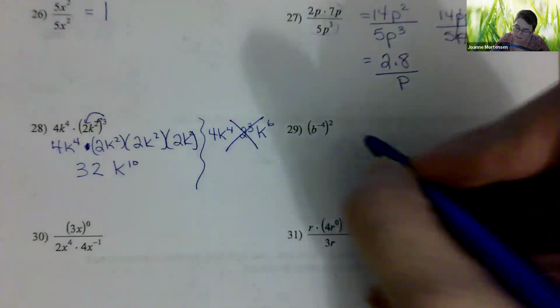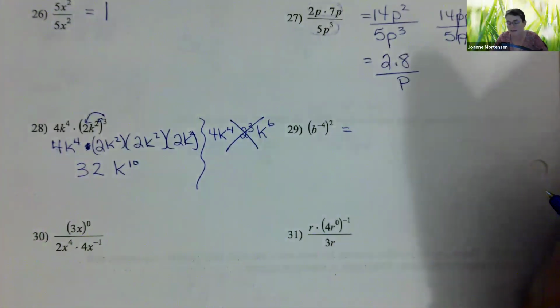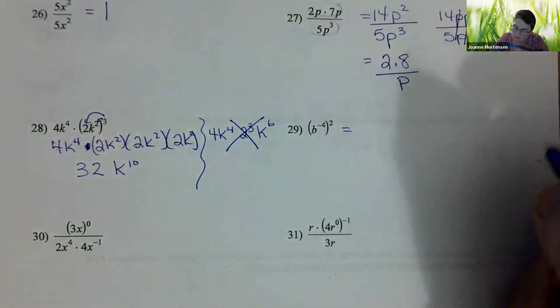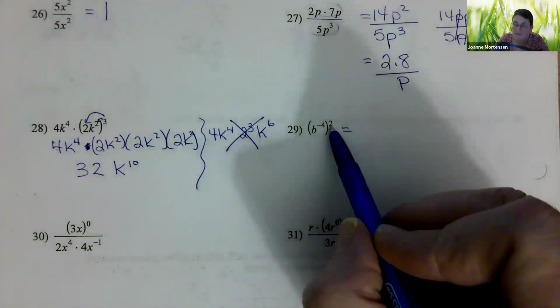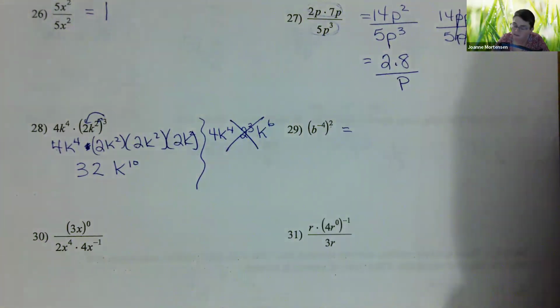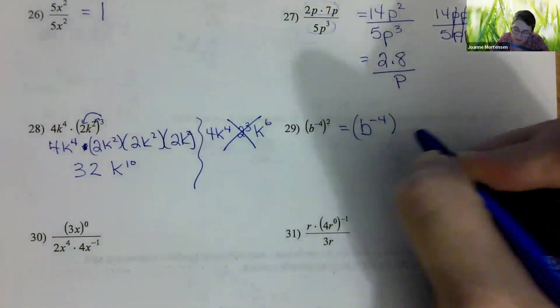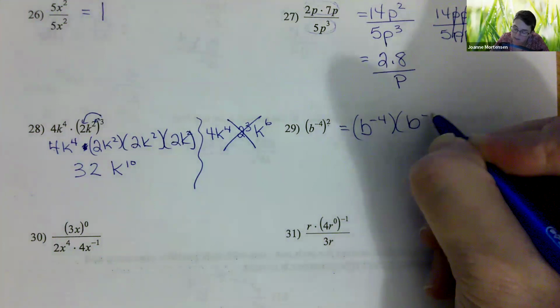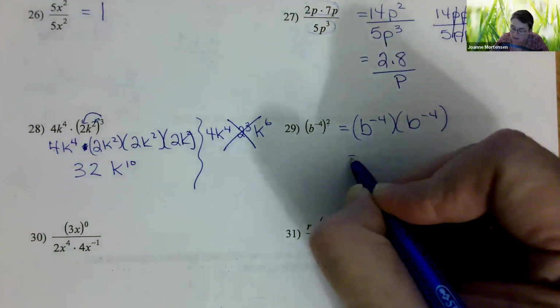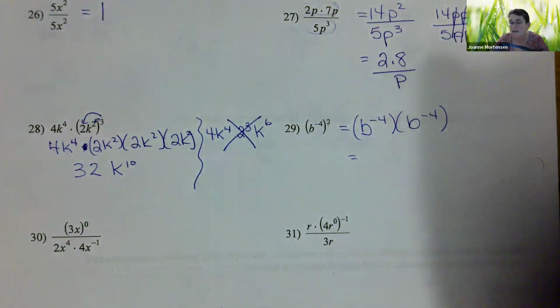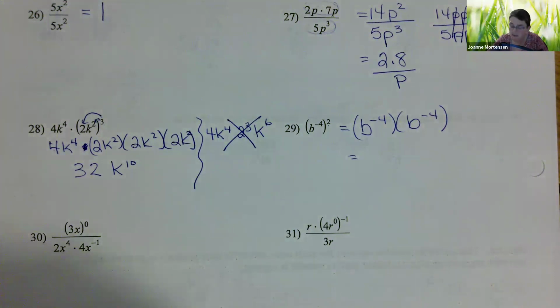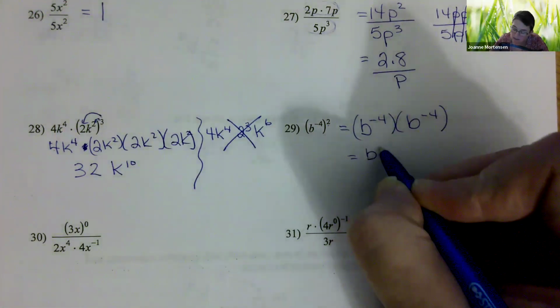Oh, all right. Well, that's something new that I wouldn't have thought of. But I'm just going to use my knowledge of exponents. That means b to the minus 4 times b to the minus 4. And when I multiply, I'm going to add my exponents. So that's going to get me b to the minus 8.